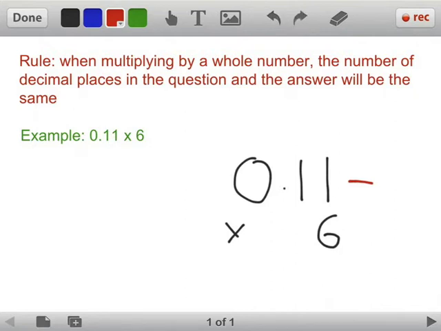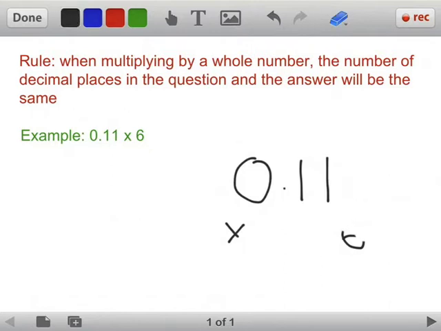And when I write that whole number, I'm writing it on the far right hand side, directly underneath my last place value. So directly underneath the 1. If I had another place value, if it was 0.115, I would be writing the 6 directly underneath the 5. So my whole number always goes directly underneath my last place value.